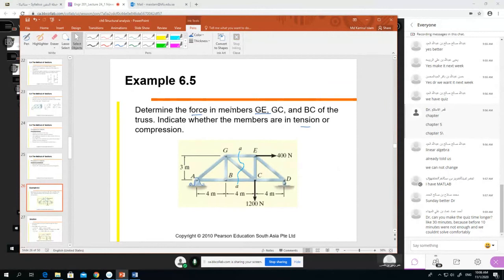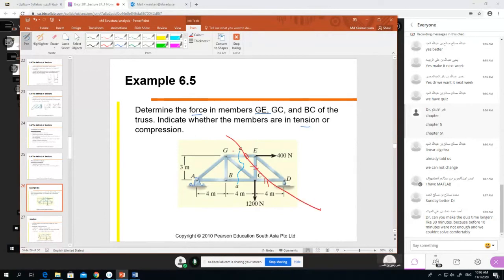They ask you the question GE. These are the three members. We will cut in such a way that these members are cut off. For example, if they ask you to find this member and this one, then we would cut like this.